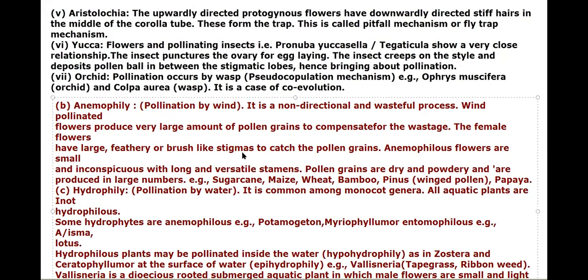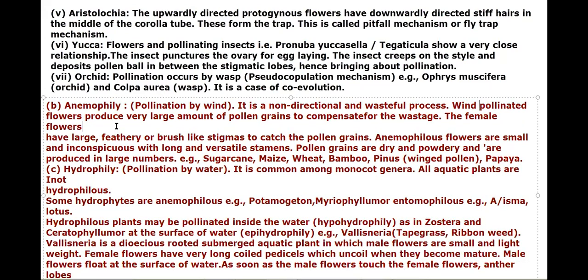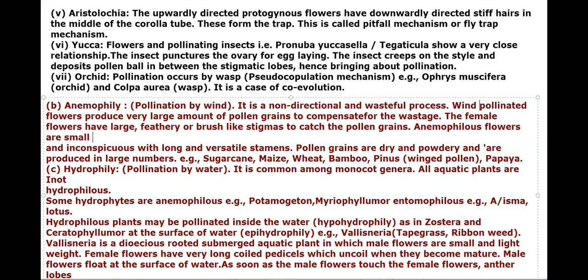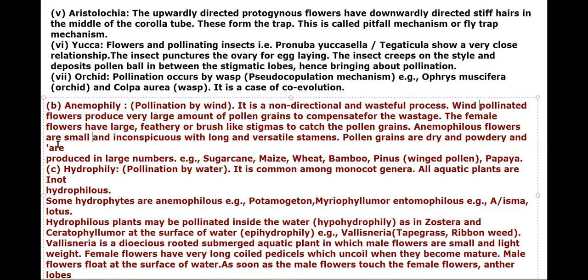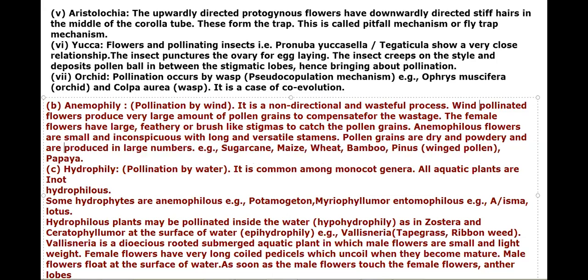The insect is doing your work, so you have to keep something for it. Either you give it nectar or you give it some pollen, so that it will help you. Day pollinated flowers need color. Night pollinated flowers need smell.